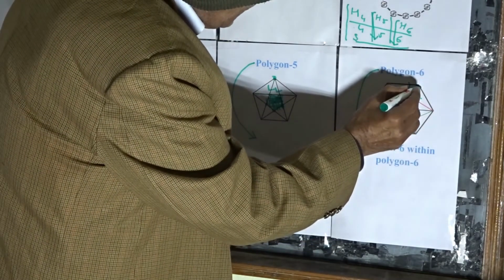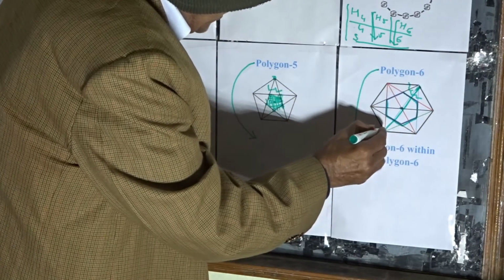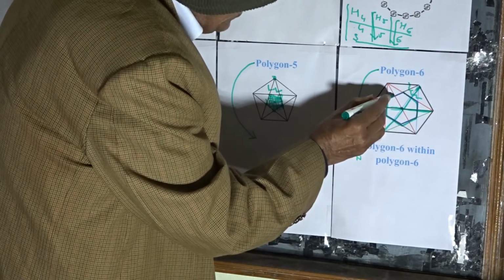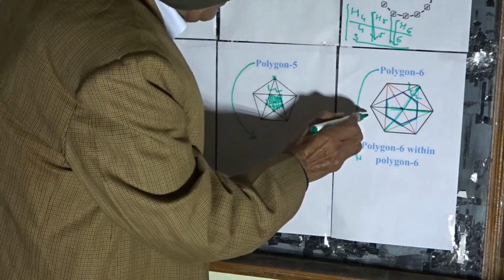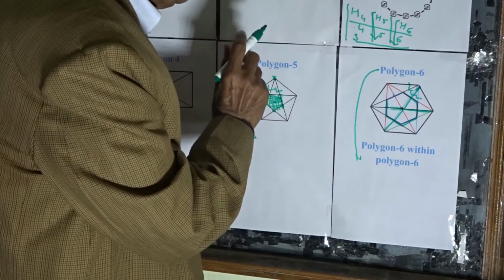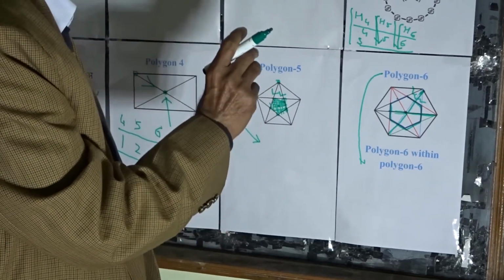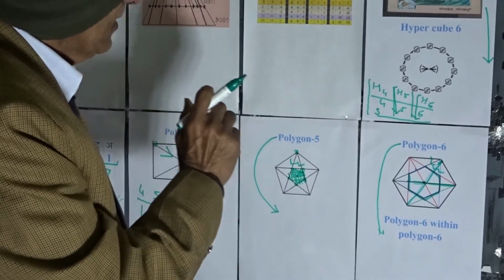Now it is this feature that only half the number of diagonals are passing through the center, while the remaining diagonals are not passing through the center.